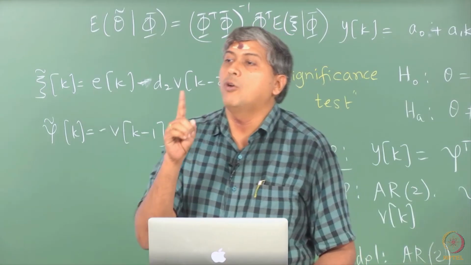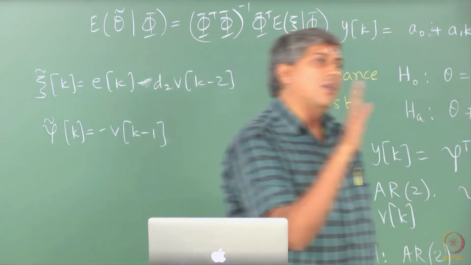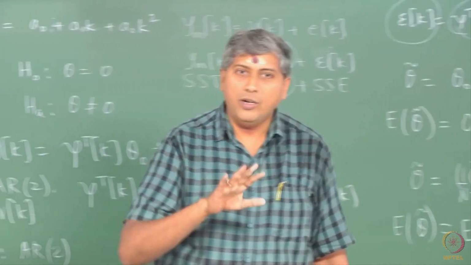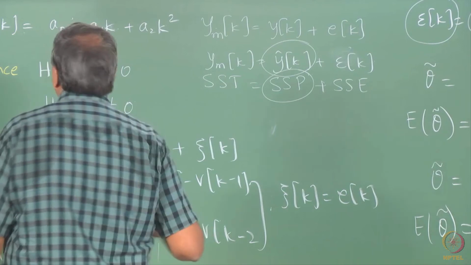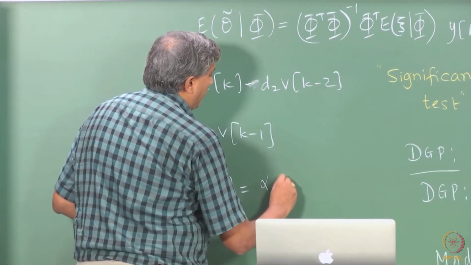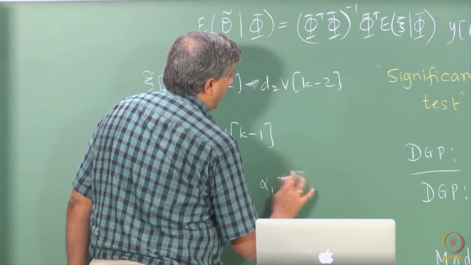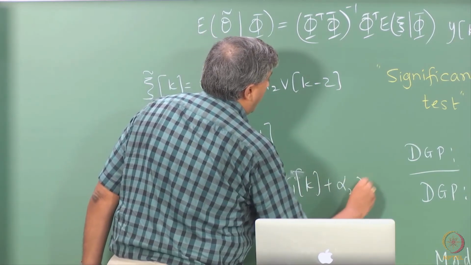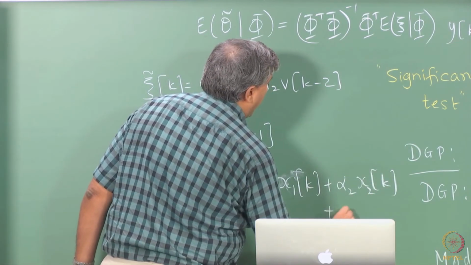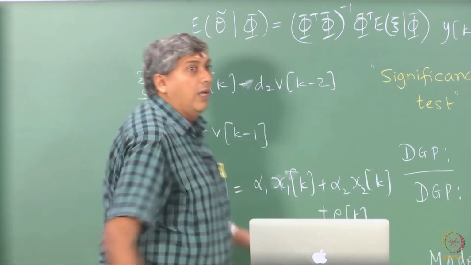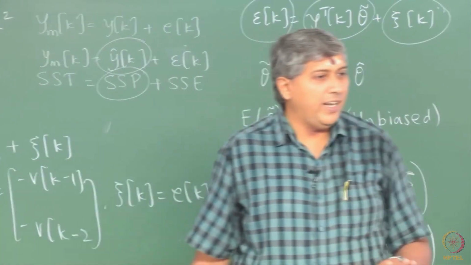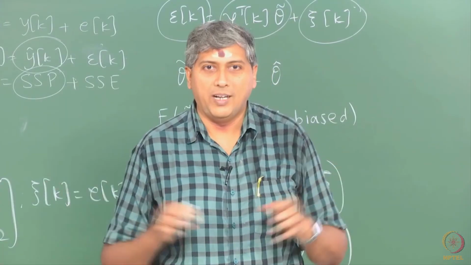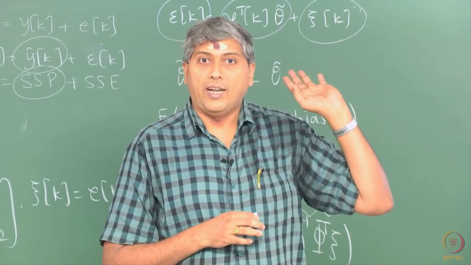As a simple exercise, which you should note down, go and generate another process, not necessarily an AR process, but some synthetic process where you generate model data this way: yk equals alpha 1 x1k plus alpha 2 x2k plus ek, where x1 and x2 are some random signals, uncorrelated random signals.